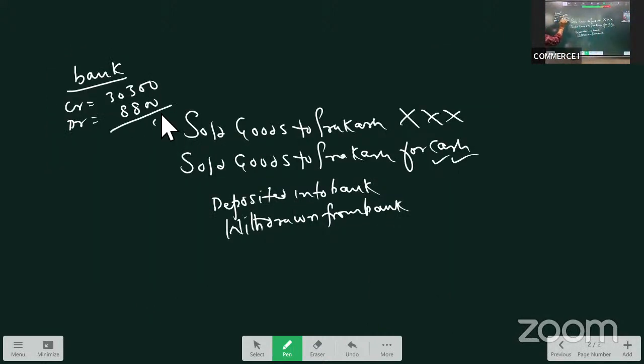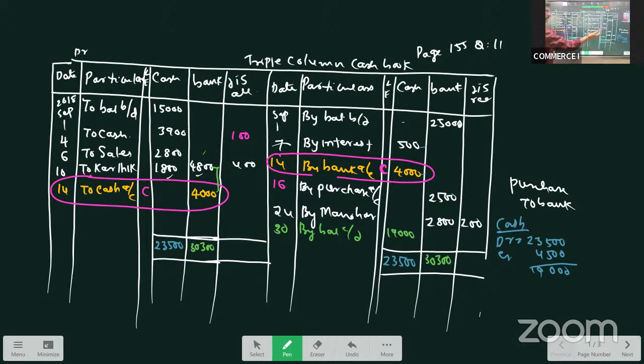Deduct, we get 21,500. 21,500 is the bank balance. But where will we show? Since bank is showing credit balance, we have to show it on the debit side here. To balance carried on 21,500 on the last date.